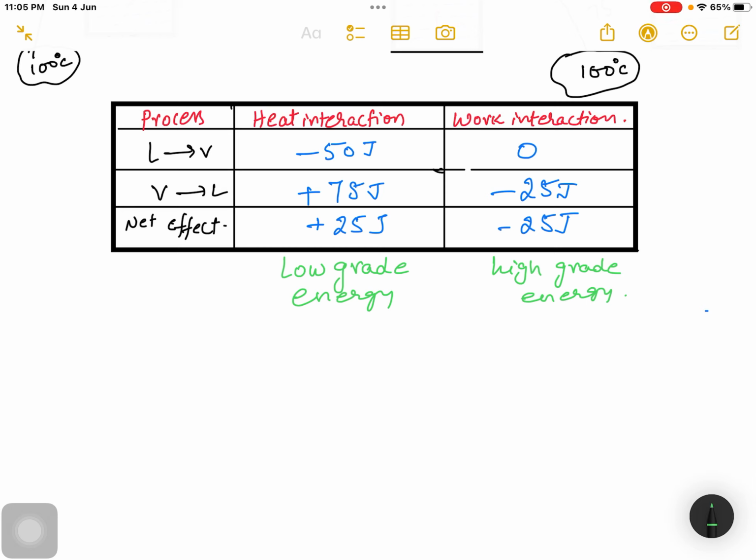Work can be converted into heat, but heat cannot be converted into work in a cyclic process. That is why all the heat engines, petrol engines, diesel engines, or dual engines will have efficiency less than 100.